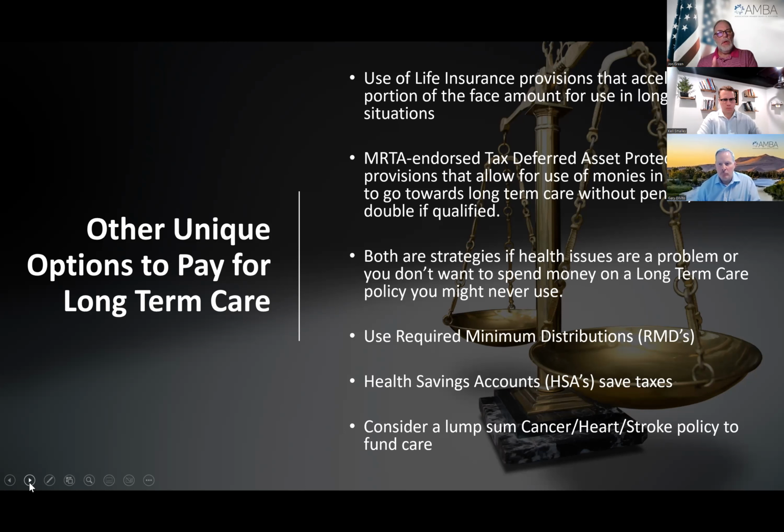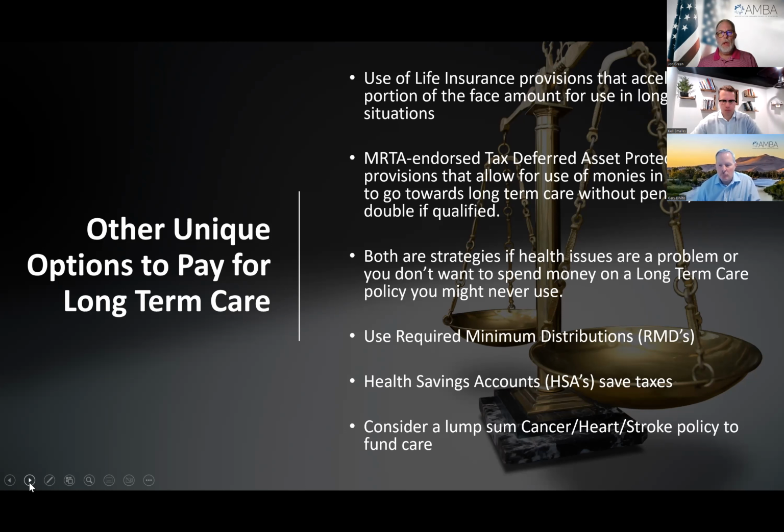Another option is an MRTA endorsed tax deferred asset protection plan. It allows you to take some of your nest egg money and set it aside. You don't have to worry about opening up the stock market and seeing all the red that's taking place and losing any money in that account. It only can rise if your stock market goes up.